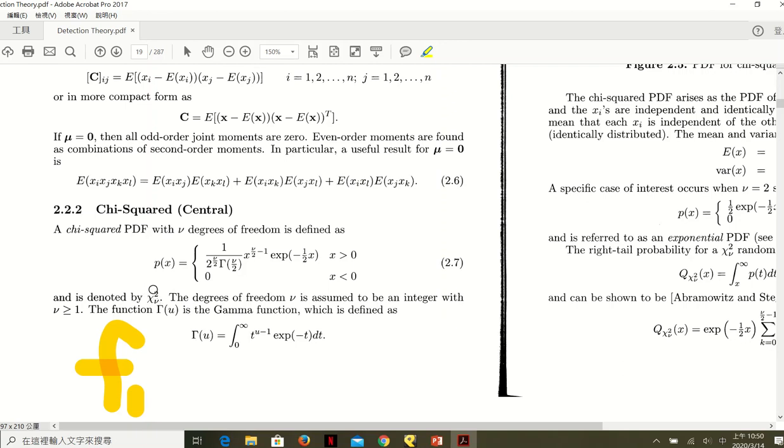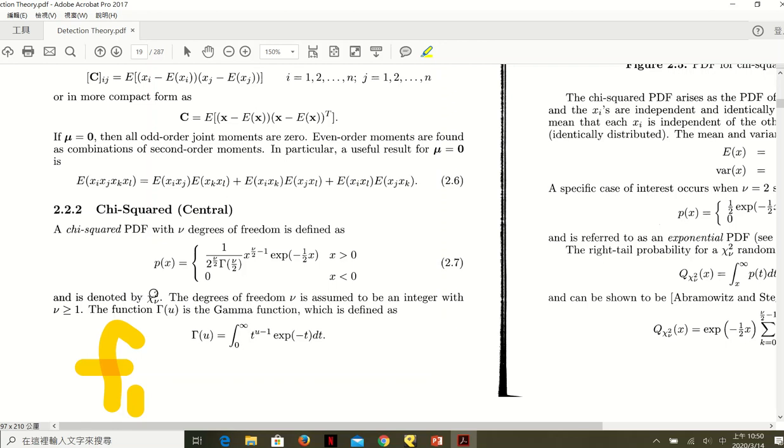And also, please do not see this square as an exponent. It's not an exponent. This whole thing is just a symbol, a notation for this probability density function. Let's clarify this so that you don't get confused.